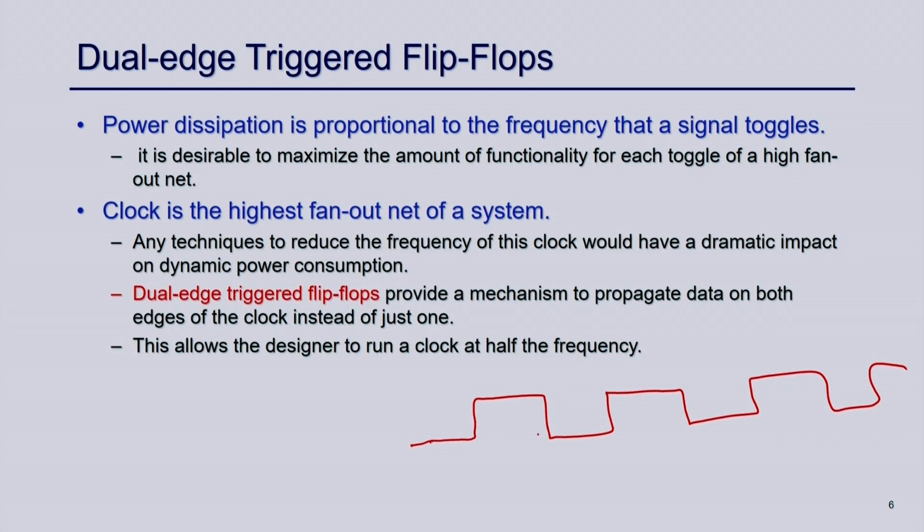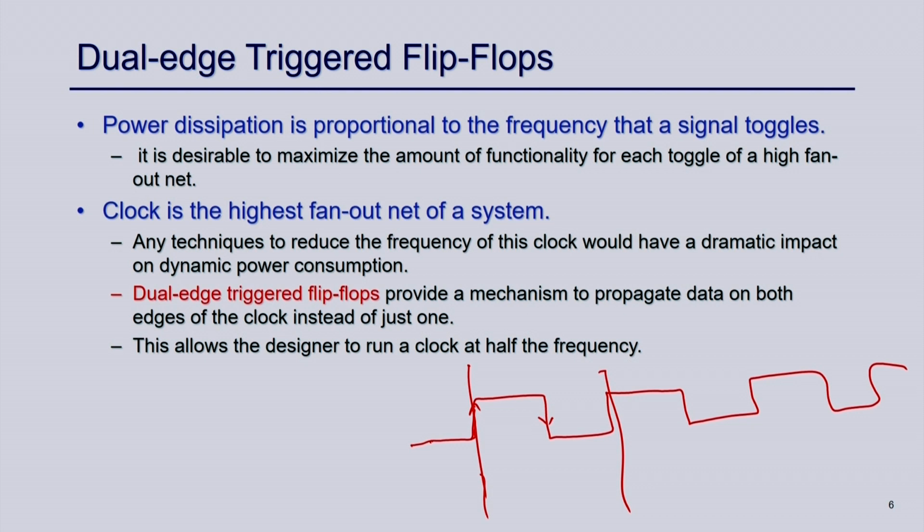So, then what you have to do is use both edges of the clock, right. This is your positive edge and this is your negative edge. So, this is one clock period and there are 2 edges. Usually all the flip flops are active at the rising edge of the clock. Whenever there is a rising edge, the data state of the flip flop gets changed.